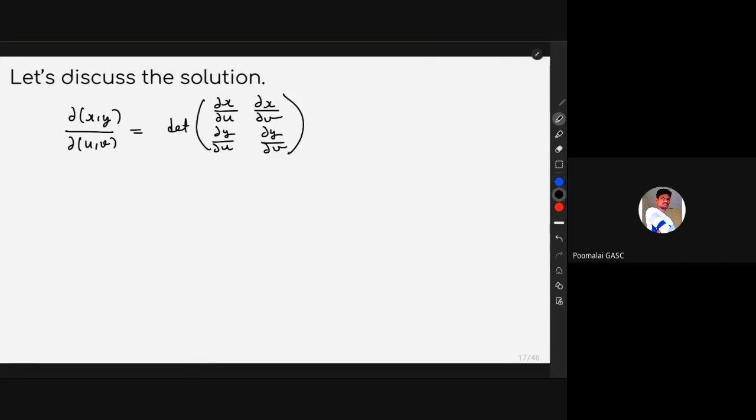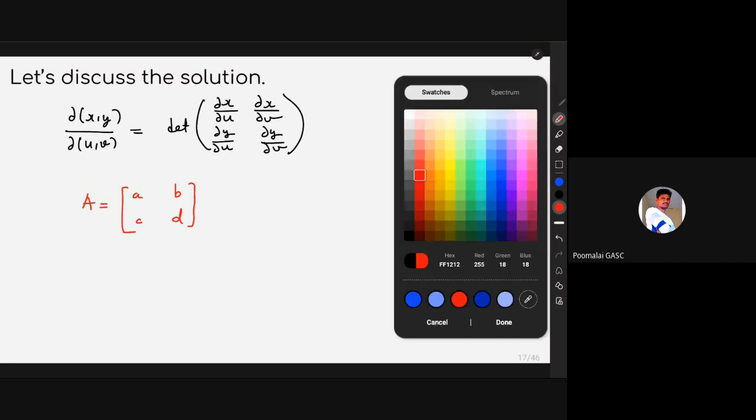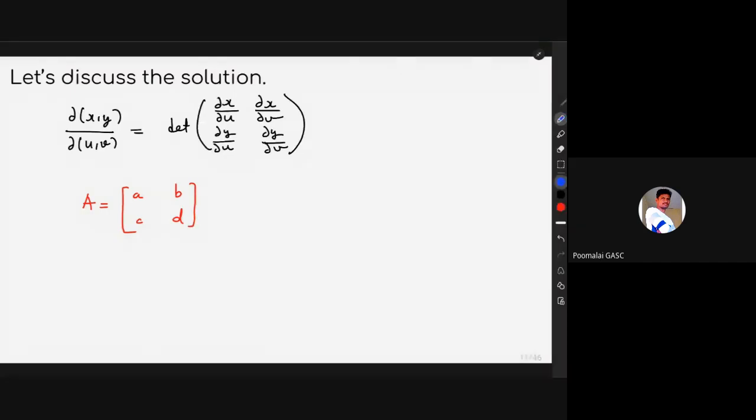That's the formula. Now, what we are given as the transformation is A, a 2 by 2 matrix with entries a, b, c, d, multiplied with the column vector u, v, giving this column vector x, y.